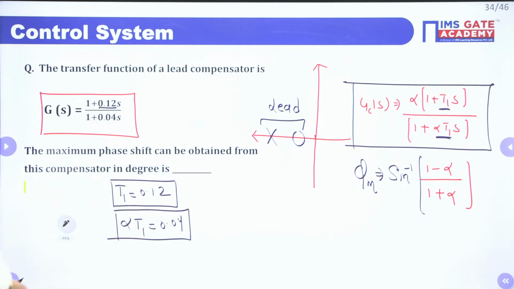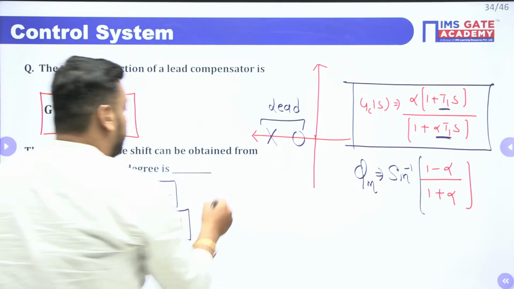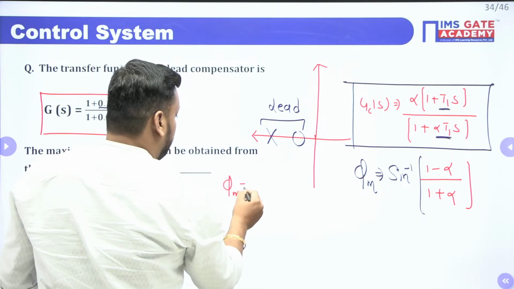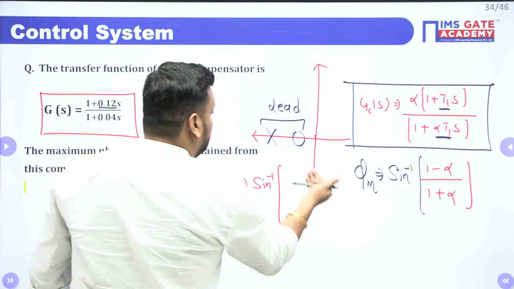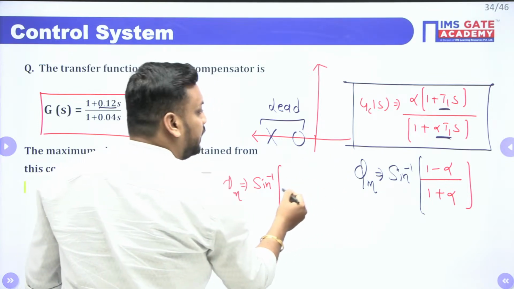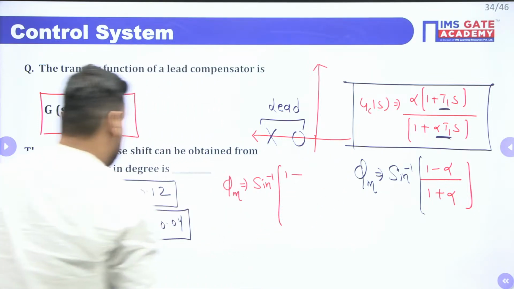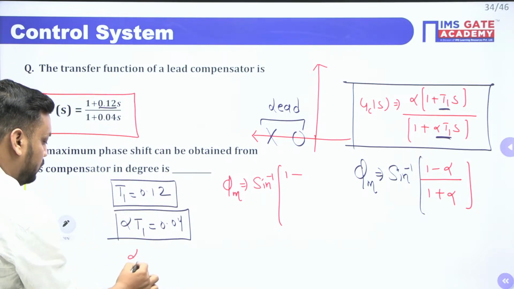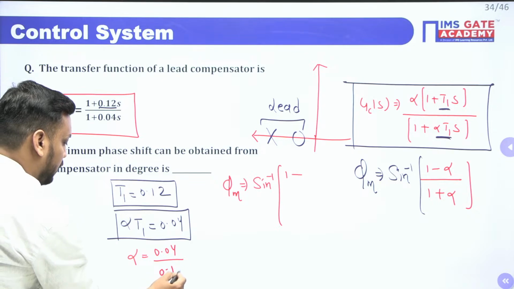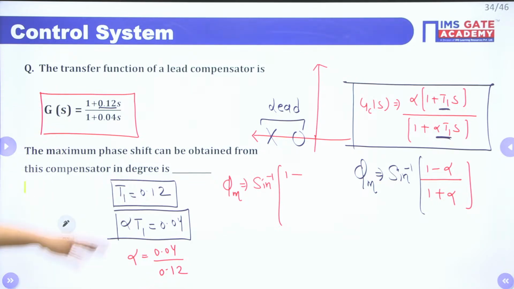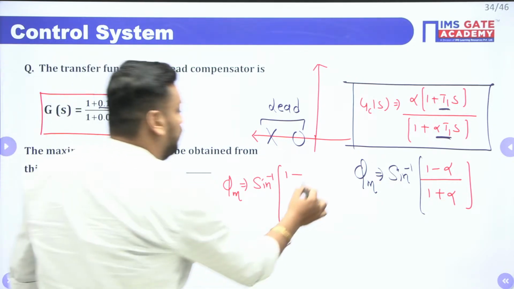When you write this, what do you get, guys? Phi m equal to sine inverse of 1 minus alpha upon 1 plus alpha. What is alpha? Alpha is 0.04 upon 0.12. 4 threes are 12, so you get 1 by 3.